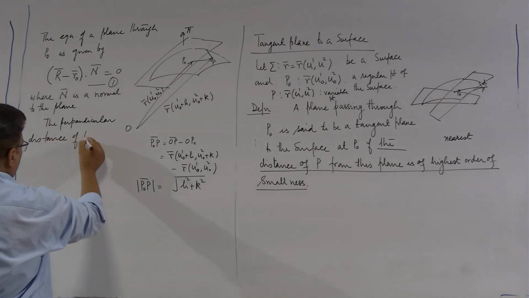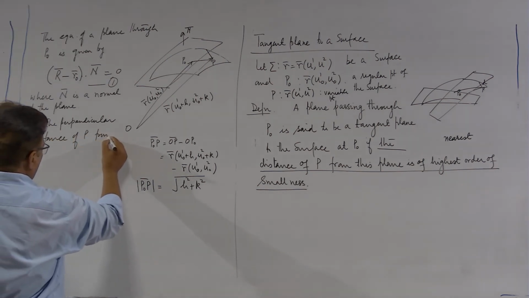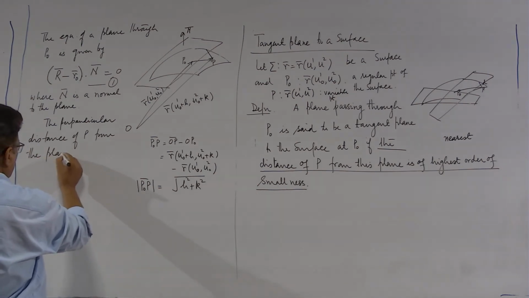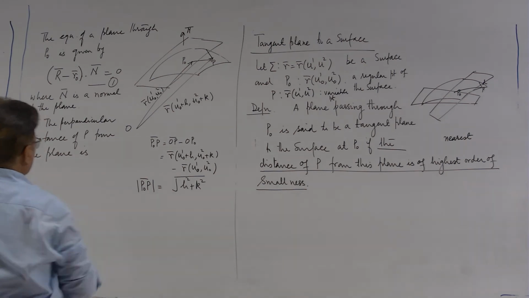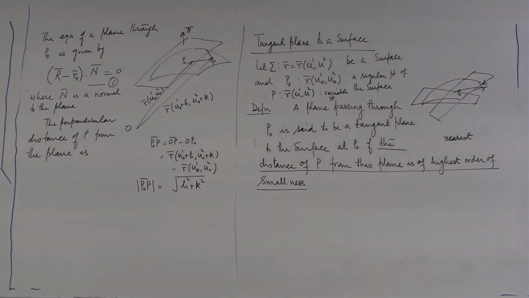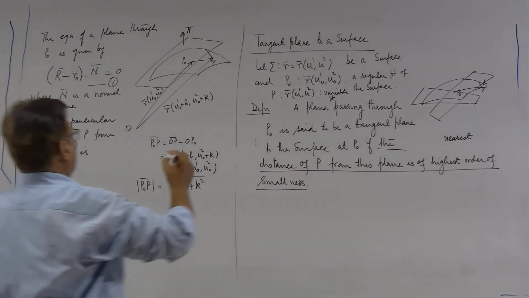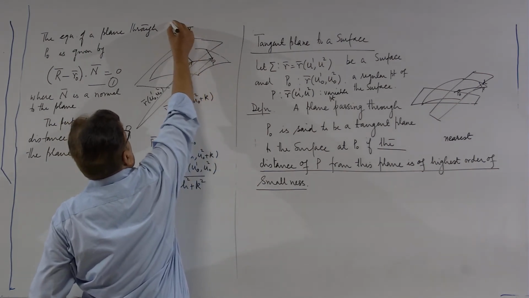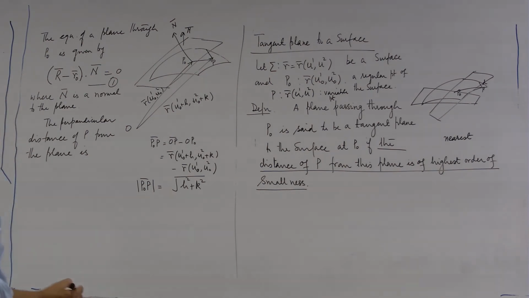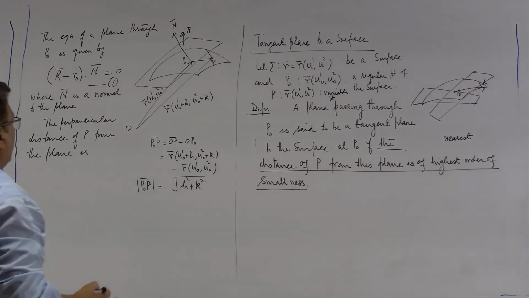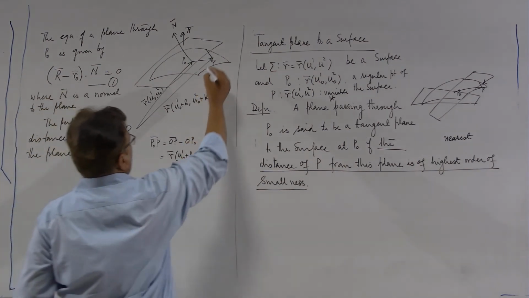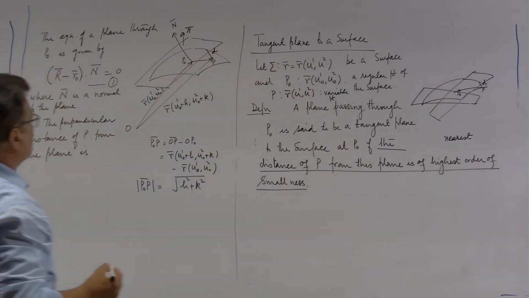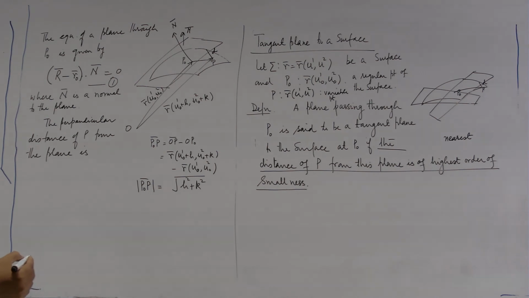I have considered a vector capital N which is orthogonal to the plane. Now, I am interested in this distance d, the distance of the point P from the plane.